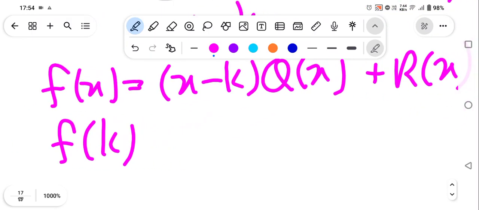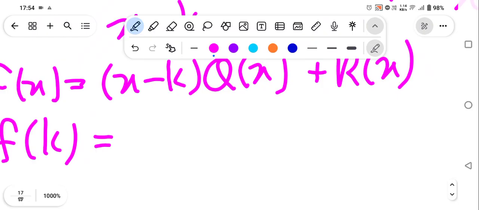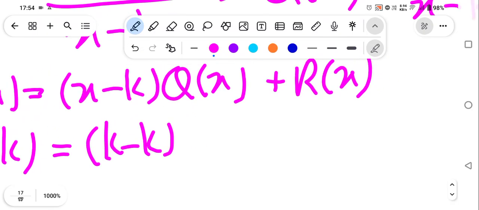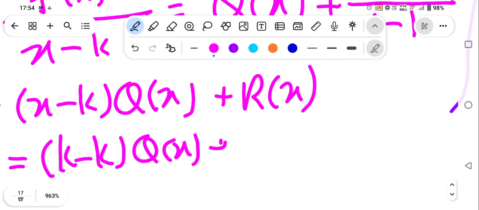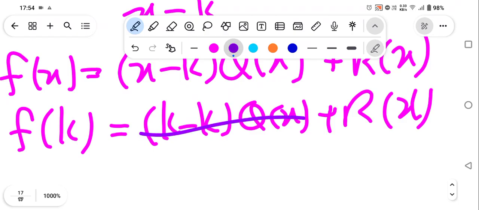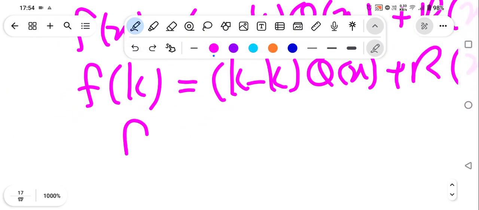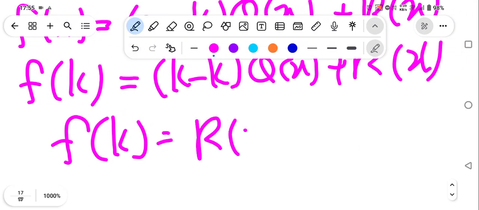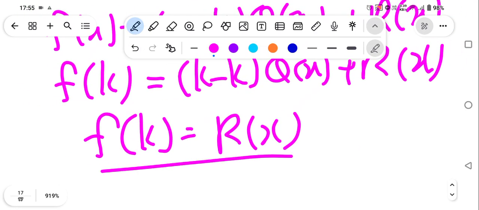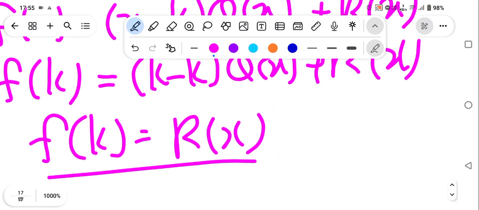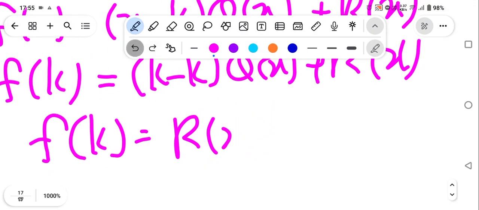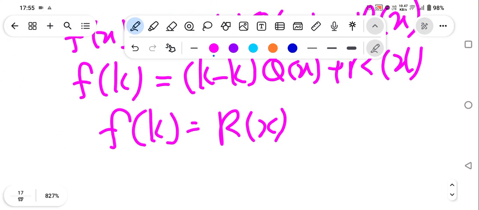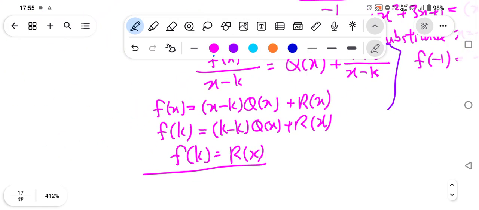So f(k) equals (k minus k)q(k) plus r, and this term is just 0, so it cancels out. So we have f(k) equals r. We have proven that the remainder is equal to f(k). So that's the remainder theorem.